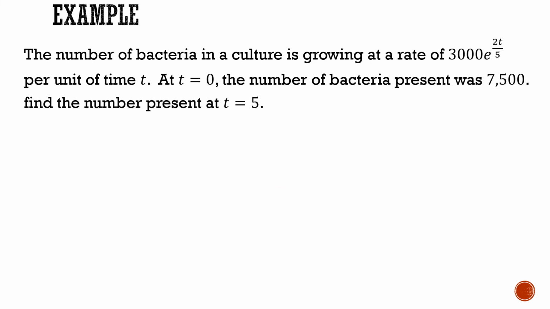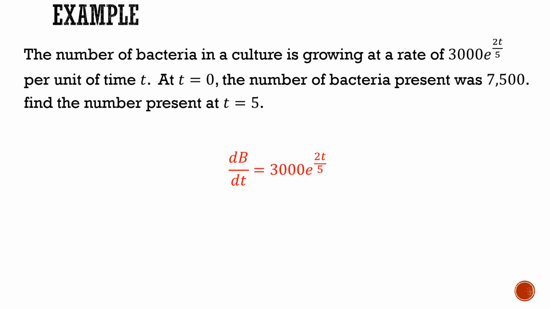The next example says the number of bacteria in a culture is growing at a rate of 3,000 e to the 2t over 5 per unit of time t. At t equals 0, the number of bacteria present was 7,500. Find the number present at t equals 5. I'll start with the growth rate, dB/dt equals 3,000 e to the 2t over 5.